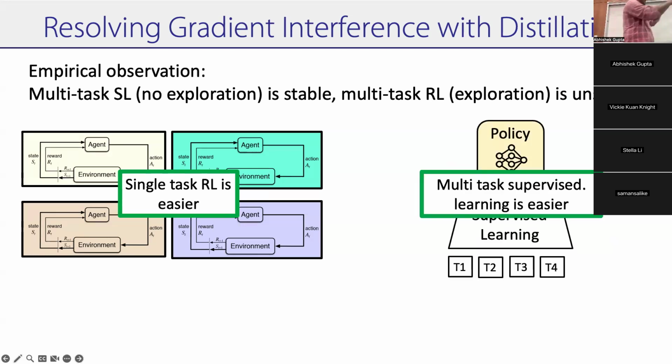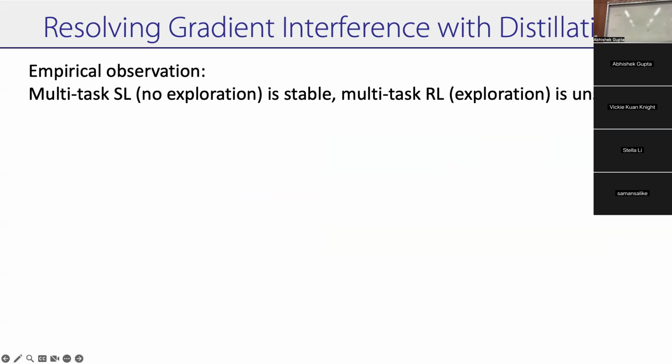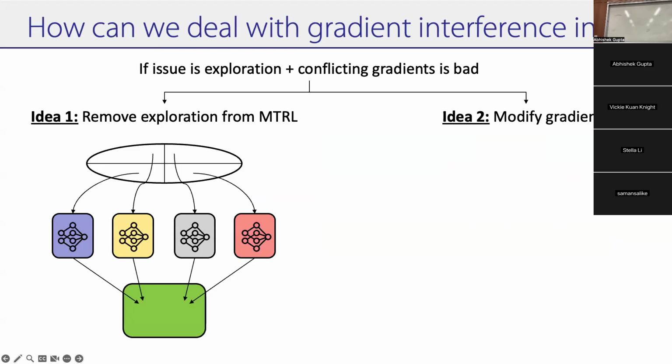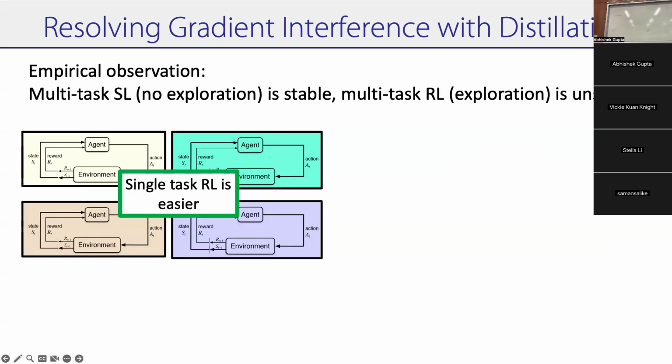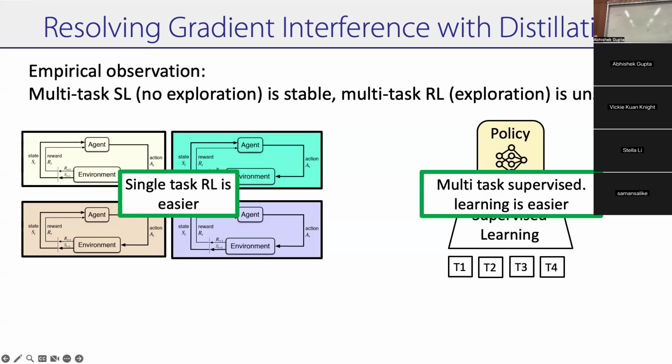And so multitask RL, with a combination of multitask learning and online data collection, is hard. Single task RL is easier and multitask supervised learning is easy. And so what we're going to try and do is convert a multitask RL problem into a combination of single task RL and multitask supervised learning.